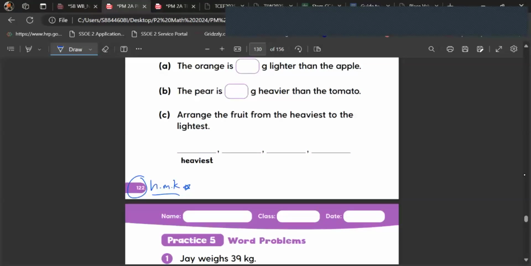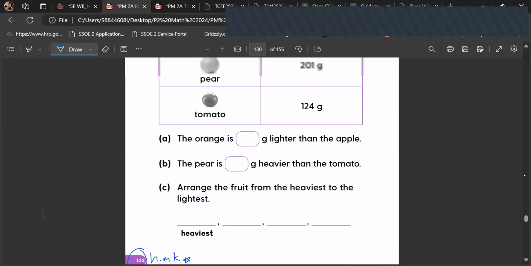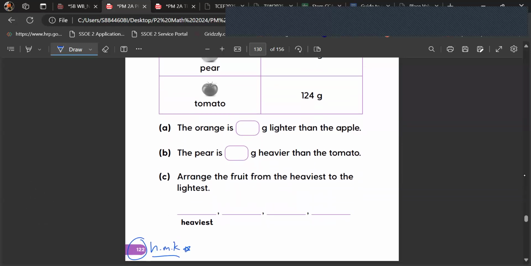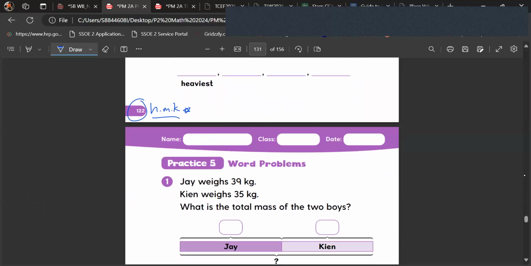Okay, and then moving on. I circle this homework. Remember, you need to do subtraction, okay? To find lighter than and heavier than, you need to use subtraction. So 122 is homework. Now moving on.